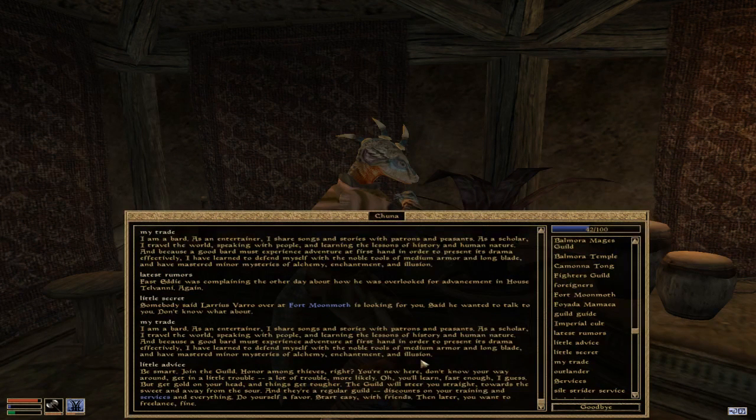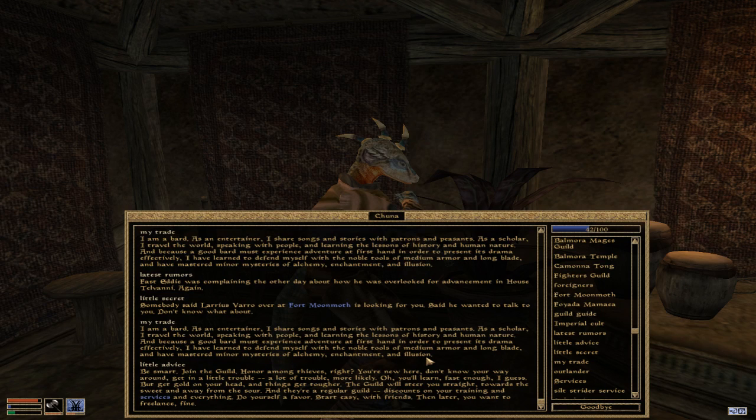Little advice. Be smart. Join the guild. Honor among thieves, right? You are new here. Don't know your way around. Get in trouble, a lot of trouble, more likely. Oh, you'll learn fast enough, I guess. But get gold on your head, and things get tougher.